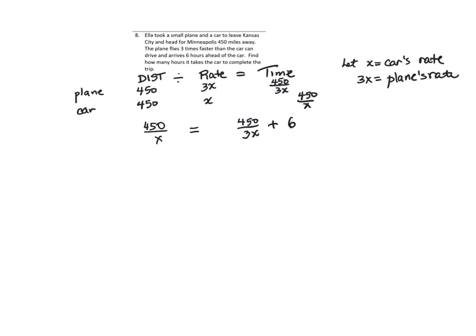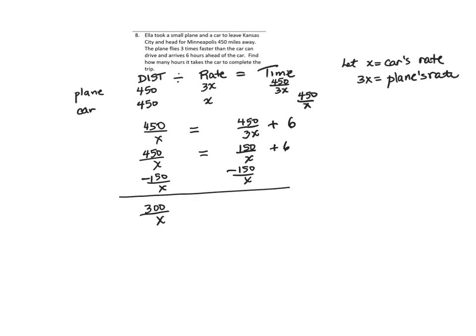or subtract 6 on the other side. Okay, so to solve this, we could do many things, but let's simplify this fraction to 150 over x plus 6. We could subtract 150 over x on each side, and we get 300 over x equals 6.